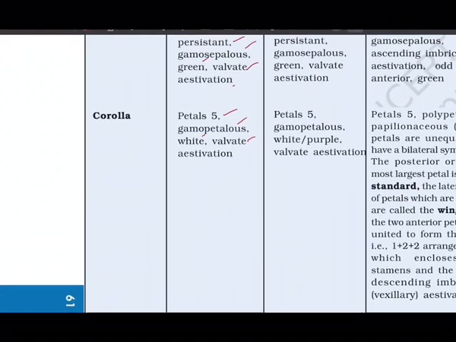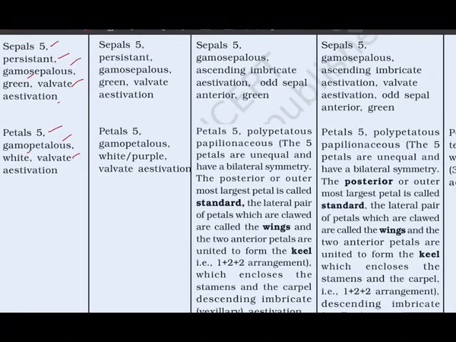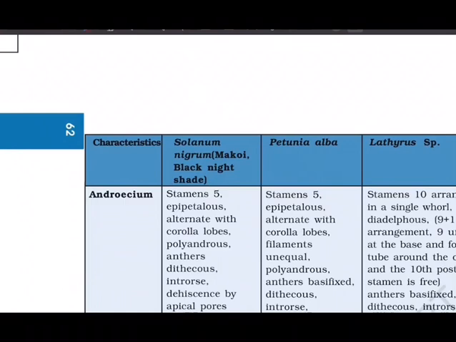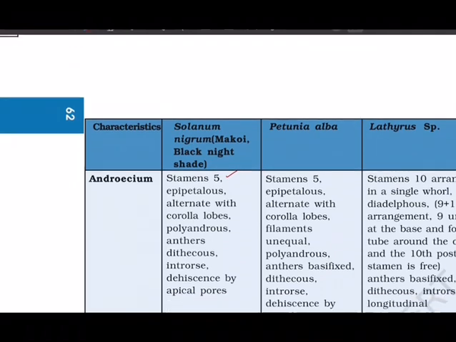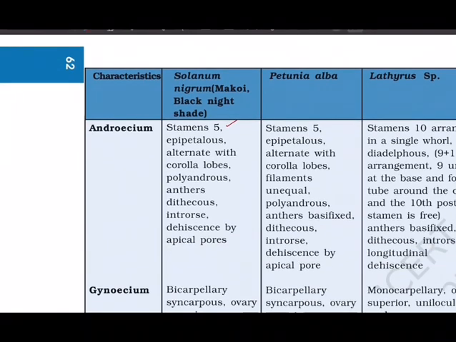And then further, we go to the next one. Androecium. If you count, the stamens will be 5, and they are epipetalous. Epi means upon the petals. Stamens are having attachment with the petals, thus epipetalous. Alternate with corolla lobes, that's what we said.